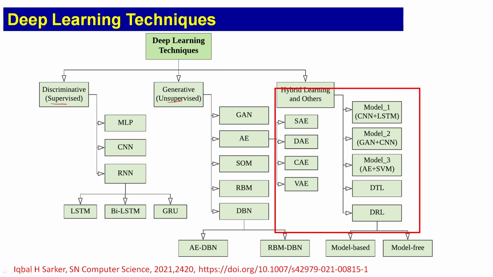Model 2 talks about GNN plus CNN, the generative adversarial network, we discussed about it. Model 3 connects one of these generative, supervised or unsupervised learning models with classifiers like SVM, correct. We can also use DTL and DRL, and that is what we are going to talk about today, what is DTL and what is DRL.